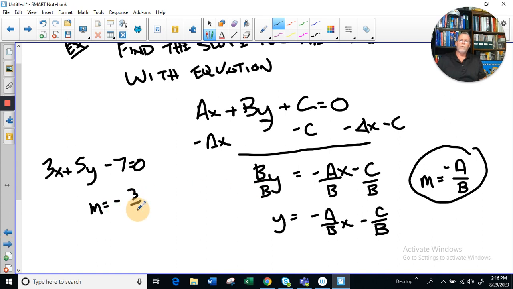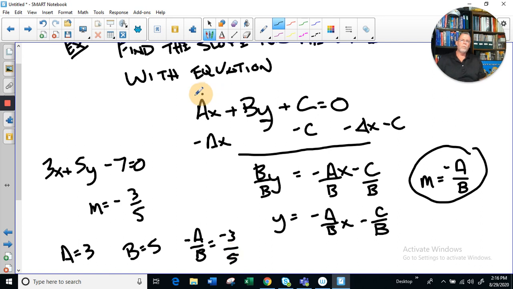Well, let's look at this equation. A was equal to positive 3, B was equal to 5. So if I thought of negative A over B, like we saw to the right there, that would be the opposite of 3 over 5. Isn't that what we got?